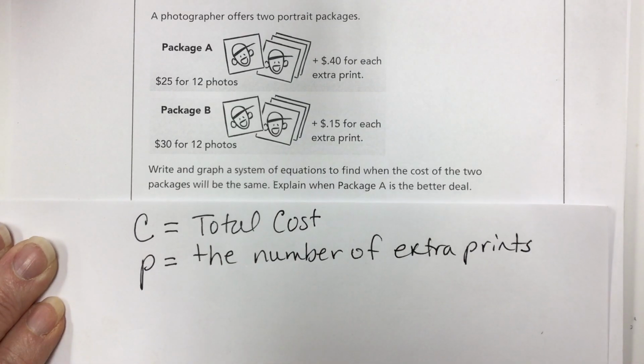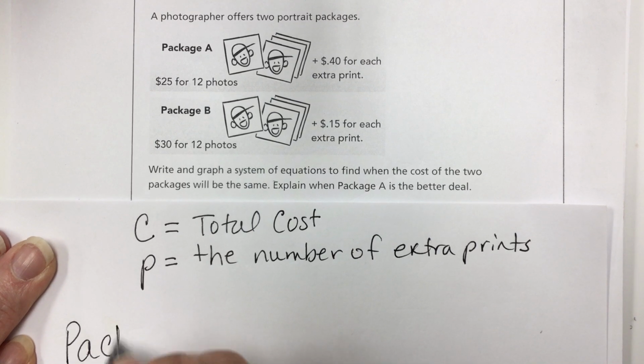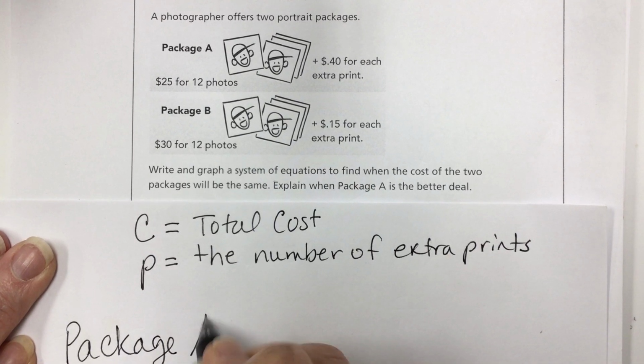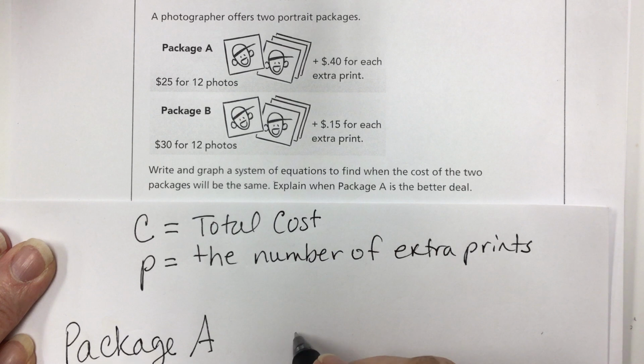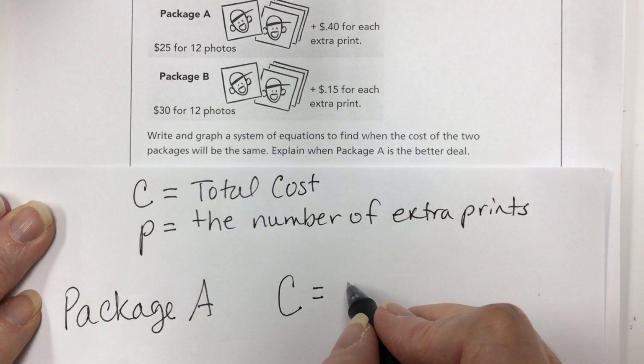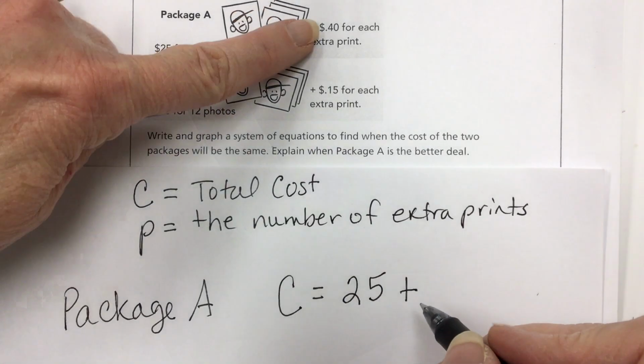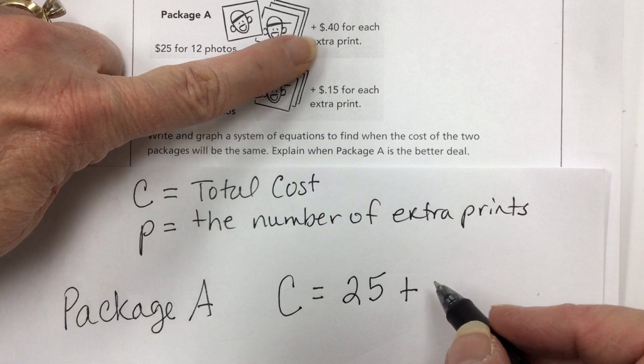So now let's write a system of equations. I'm going to first start out by writing my equation for package A. The total cost for package A would be $25 plus 40 cents per print.